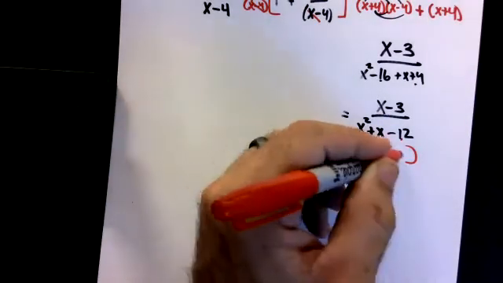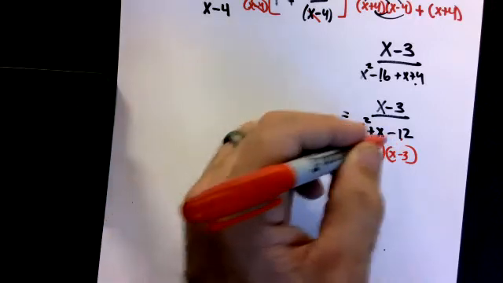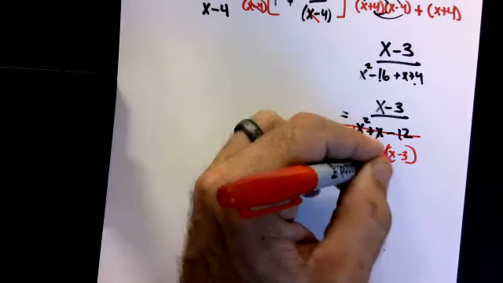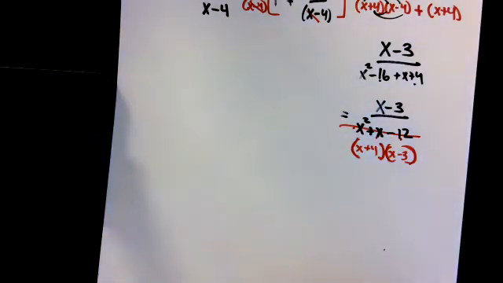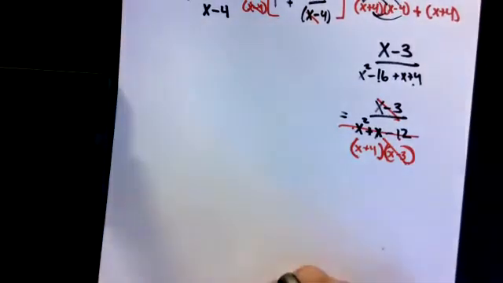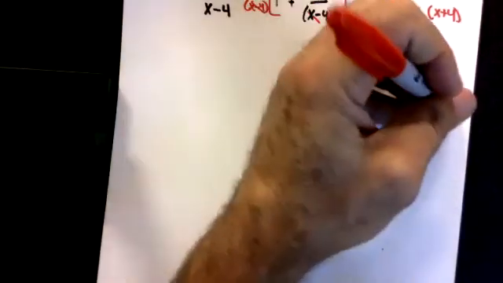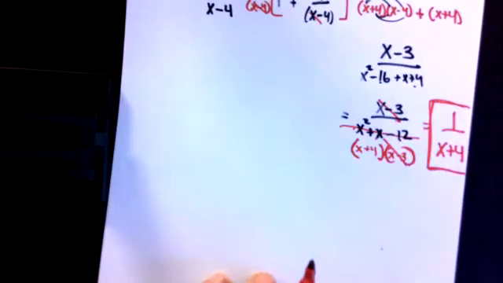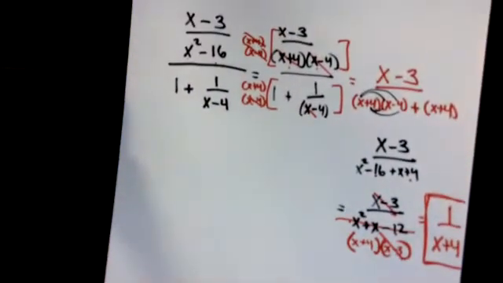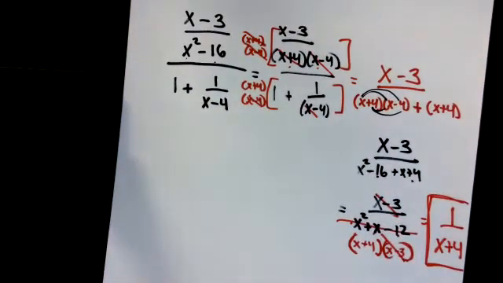That'd be positive 4 and negative 3. So technically x squared plus x minus 12 factors into this, and I have common factors. So when it's all said and done, I end up with 1 over x plus 4.